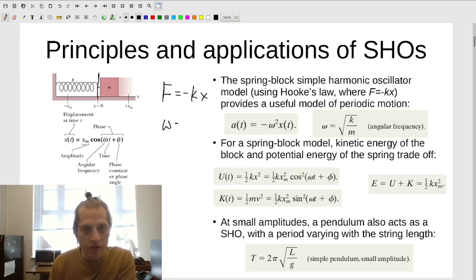Omega, of course, is our angular frequency, which is 2 pi over the total time that it takes for the block to go from x max to minus x max back to x max. So that's one complete period. T is the period. It's the time it takes to go back and forth through one full oscillation.